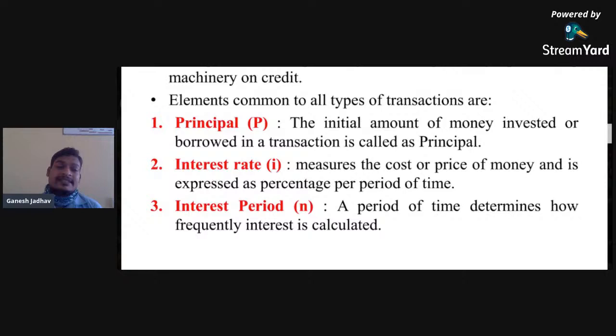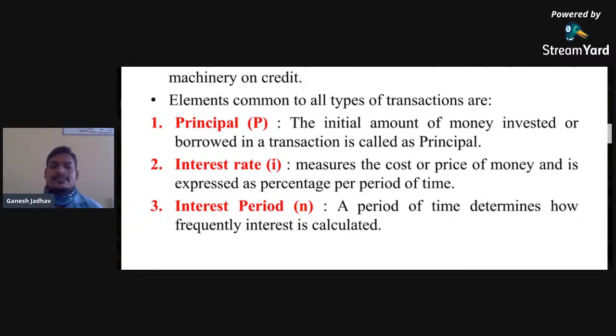What is the second? Interest rate. This is the interest rate: the cost price of money, expected as a percentage for a period of time. Percentage means some amount of value on 100 rupees.